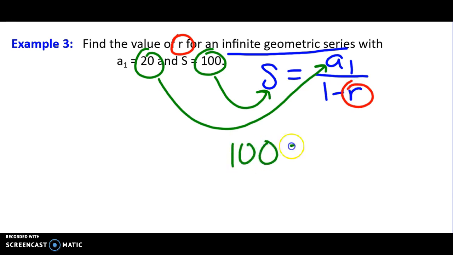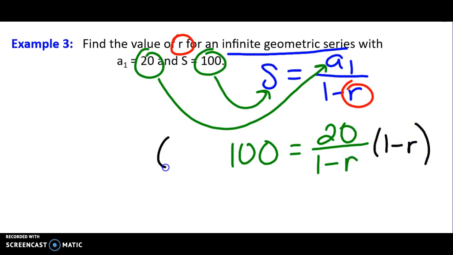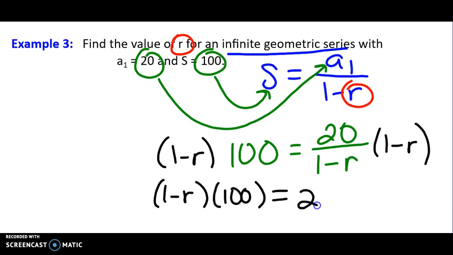The sum 100 is equal to a1, which is 20, divided by 1 minus r. Now if we want to solve that, the best thing to do is get r on the other side. So we're going to get rid of that denominator, which gives us 1 minus r times 100 is equal to 20.